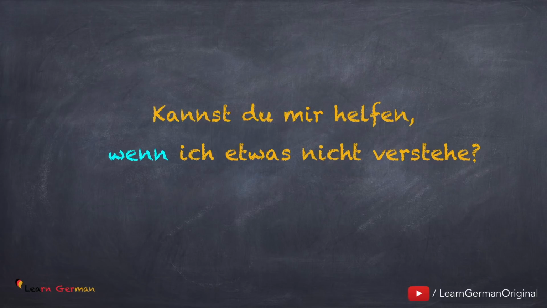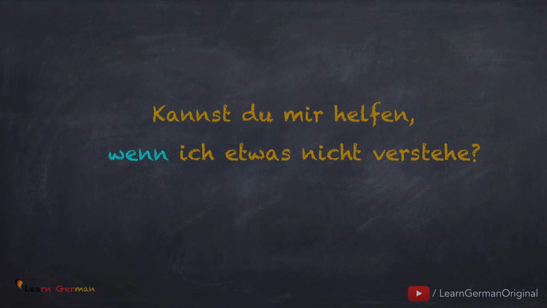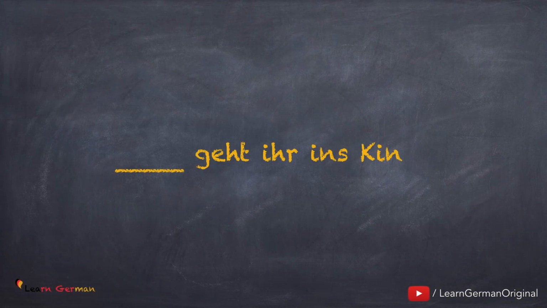Then, in this case, we will use wenn. Here's the next one. This one is also very simple, and your answer should be: Wann geht ihr ins Kino? Here again, we are talking about a specific time. Hence, you would use wann.